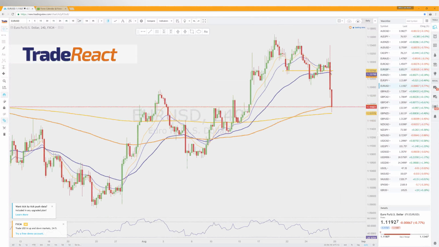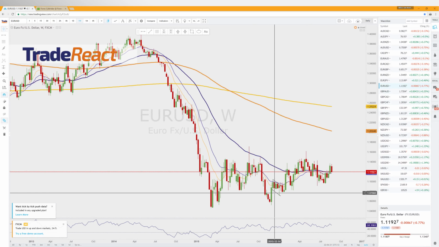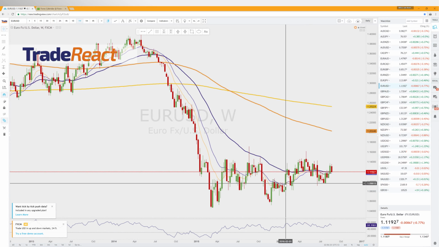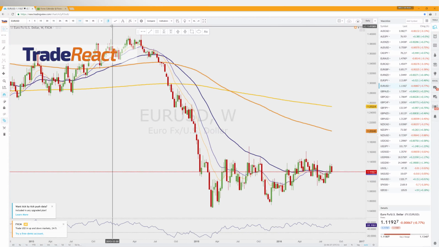Euro US dollar. It's hard. I've been trading more exotics lately because of the majors not doing the best price patterns overall. So this also coming back is ranging for months, weeks.